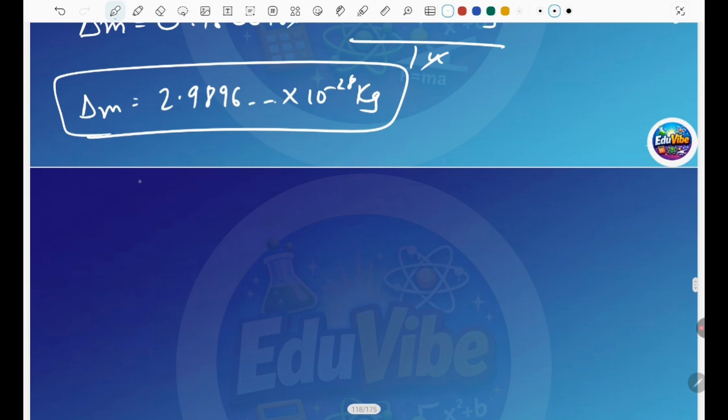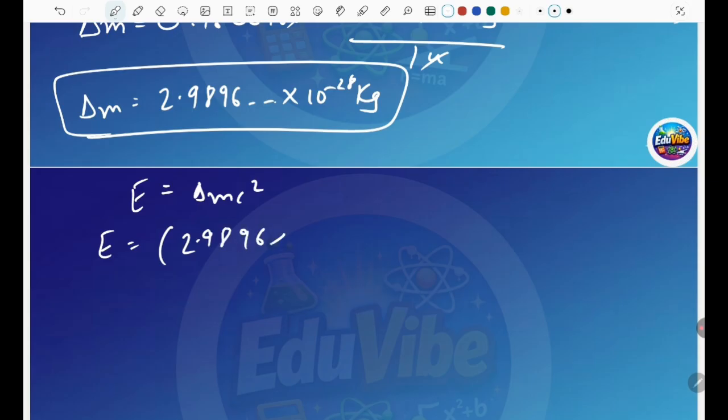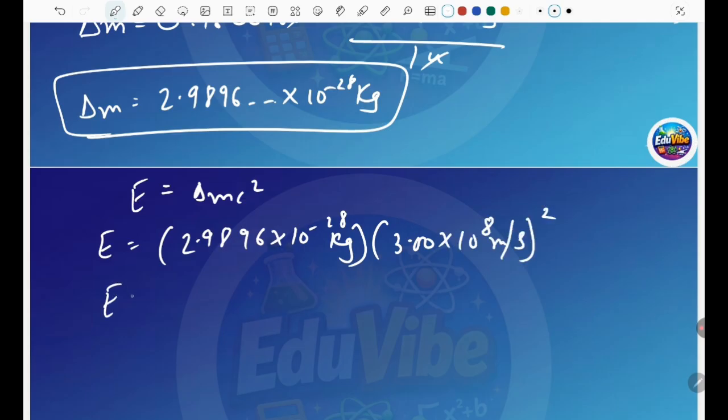This is the mass defect, and E is equal to the mass defect times C squared. You put 2.9896 times 10 to the power minus 28 kg multiplied by 3 times 10 to the power 8 meters per second, squared. When you find this, you get about 2.6906 times 10 to the power minus 11 joules.